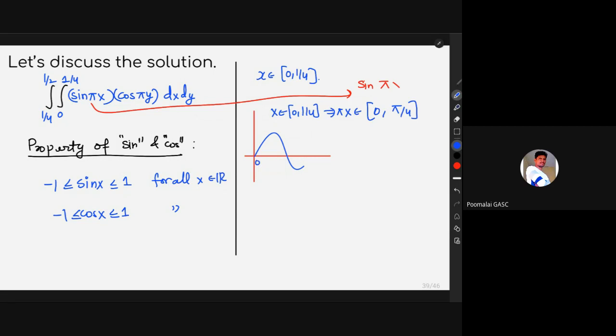So this is 0, and this is pi by 2. Pi by 4 will be somewhere in between. So this is my point. This is the sine function in which we are interested.